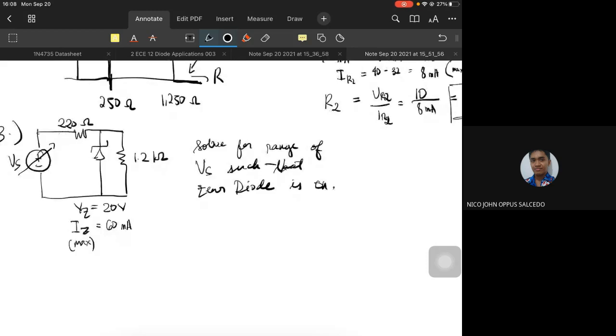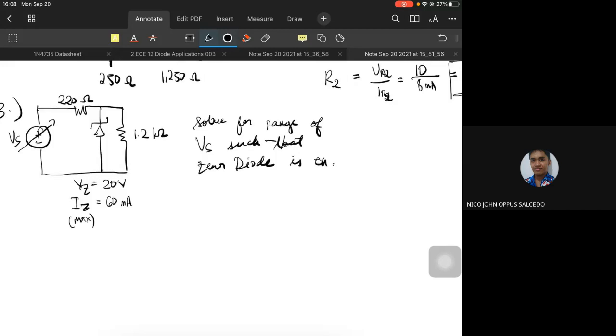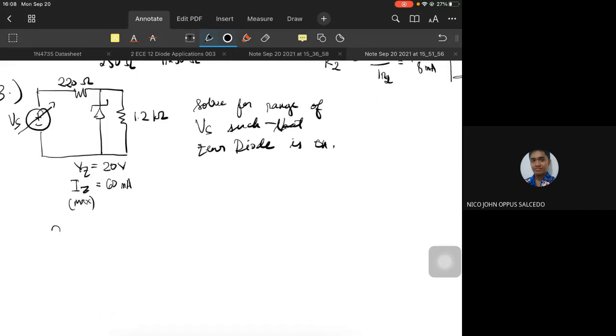So first goal na to is at what voltage Vs will the diode turn on? The same as before, we'll use voltage divider. So V2, if indeed Zener diode is on, will be 20 volts. So V2 is equal to Vs R2 over R1 plus R2.